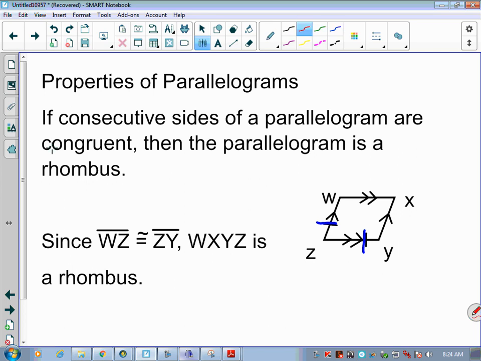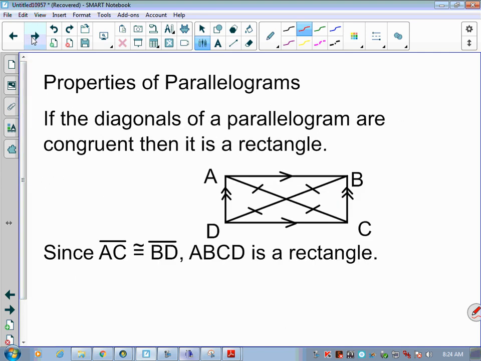We also could have said, hey, if I know that WX is congruent to XY, then I know that it's a rhombus. There's a couple of different ways, but really they're leaving it as broad enough and as specific enough to say consecutive sides. If consecutive sides in a parallelogram are congruent, then the parallelogram is a rhombus.